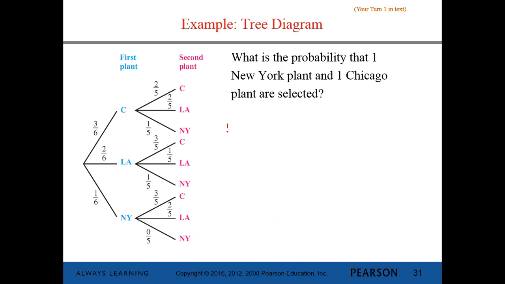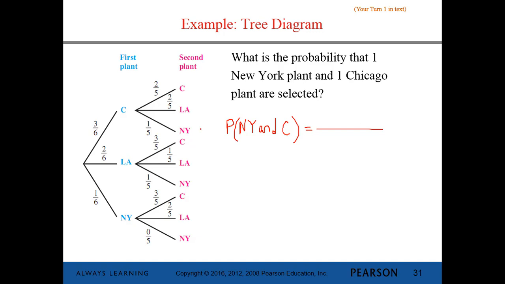So we could have set up our probability of New York and Chicago. So now, how many different ways can we choose both New York and Chicago?